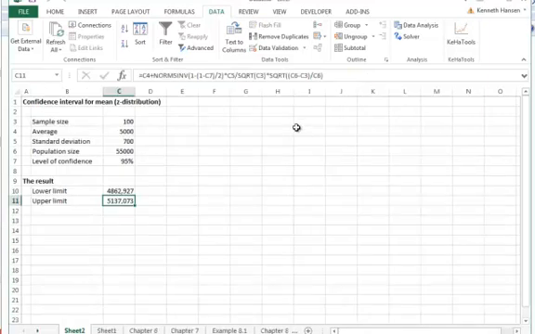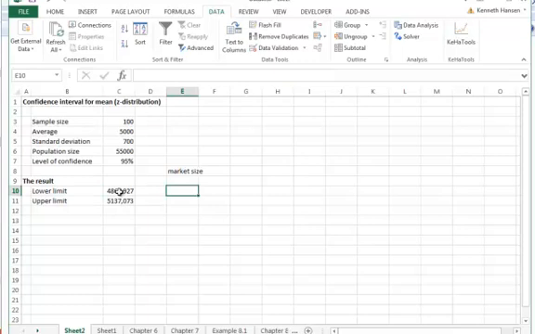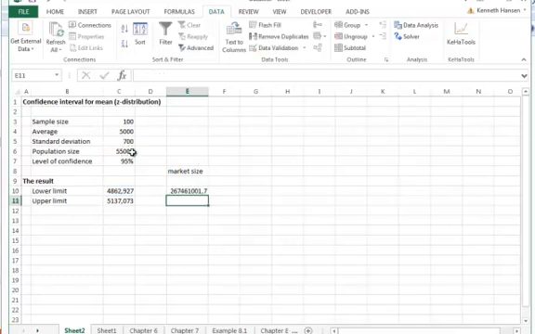So the true average is between these two numbers. In order to get the market size, we multiply the lower bound with the population size, and in order to get the upper bound for the market size, we multiply the upper bound for the average with the population size.